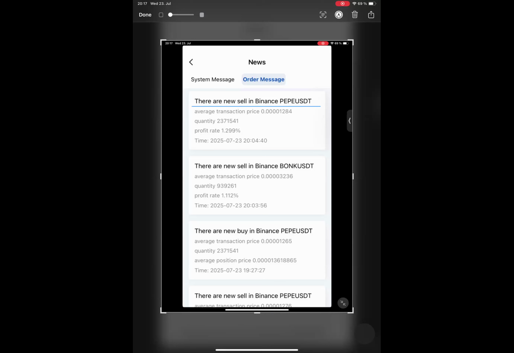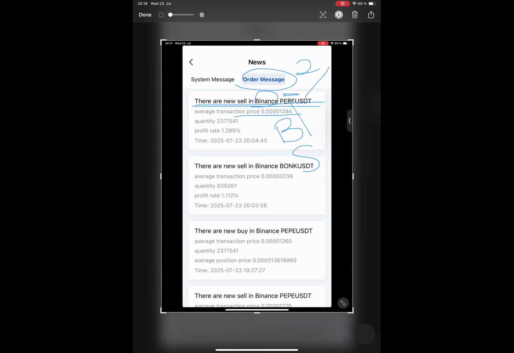All right. So with the other message, there are only two types of messages we can expect here: anytime the robot purchases, that is buy or sell. So this is a new sell in Binance, meaning you are trading on the Binance exchange. Now, which coin? Pepe, because you use USDT to trade against Pepe. Now, this is a sell.